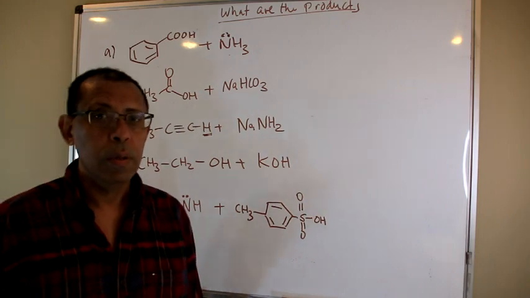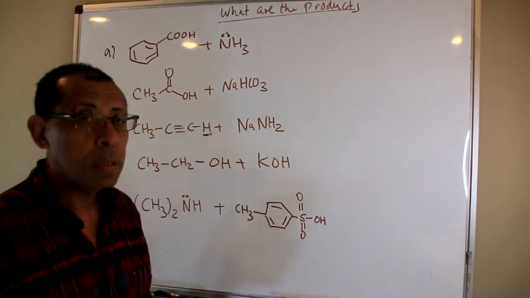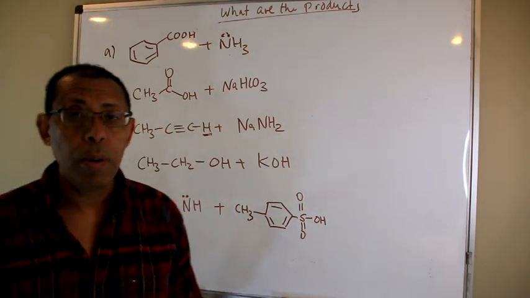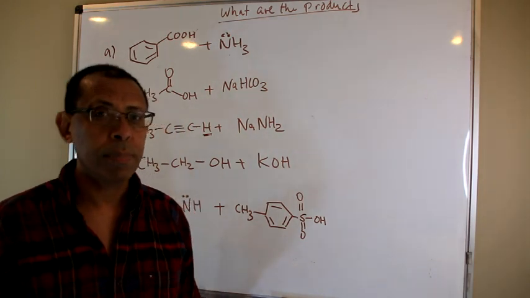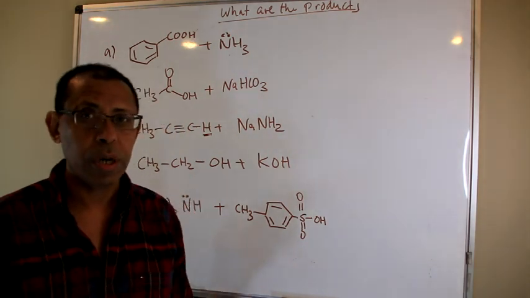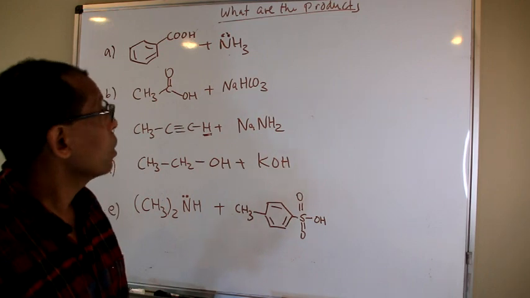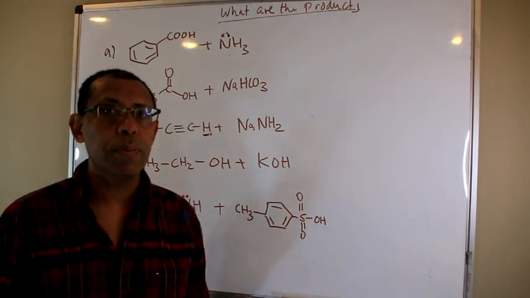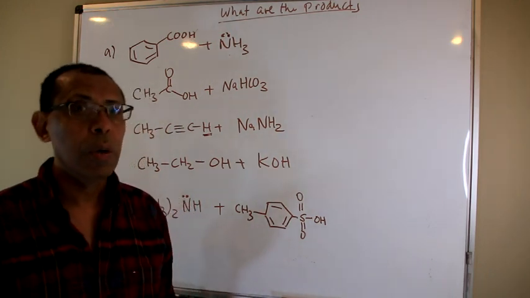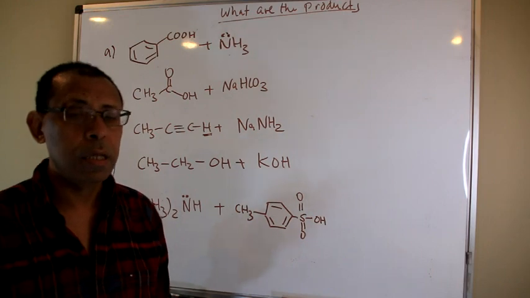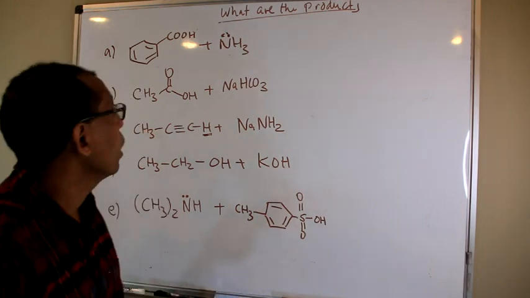Okay, let's continue solving some problems. In this problem, you are asked, what are the products of this acid-base reaction? The acid-base reaction is important for you to know which one is acting as an acid and which one is acting as a base.